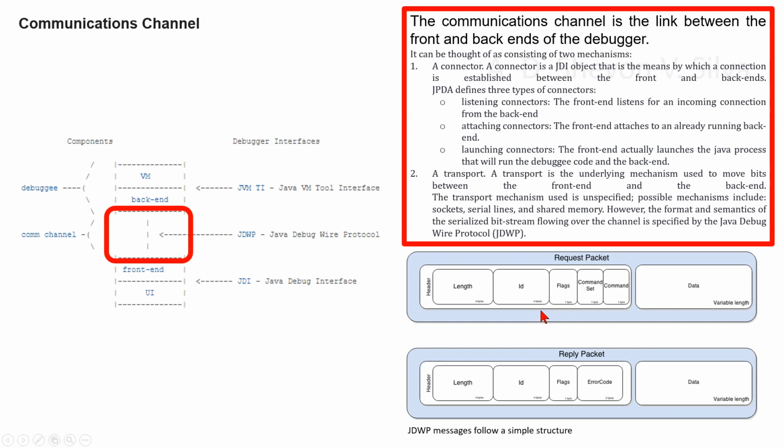The ID field must be unique among all outstanding commands sent from one source. Outstanding commands originating from the debugger may use the same ID as outstanding commands originating from the target VM.